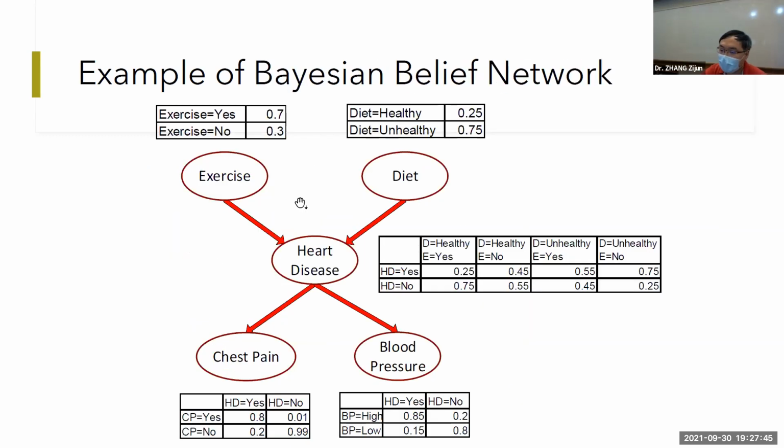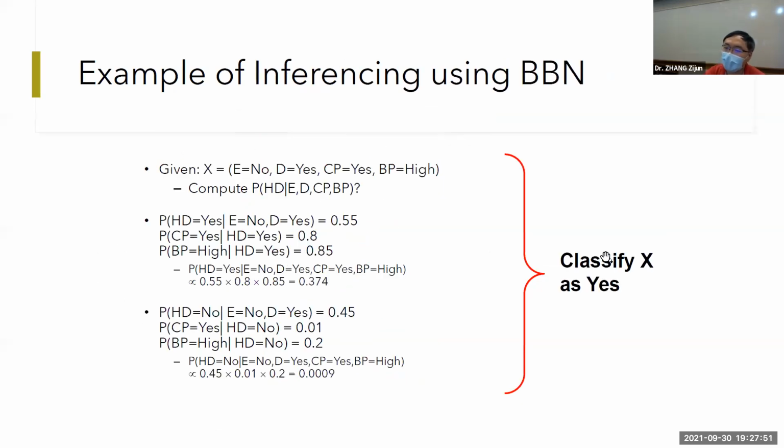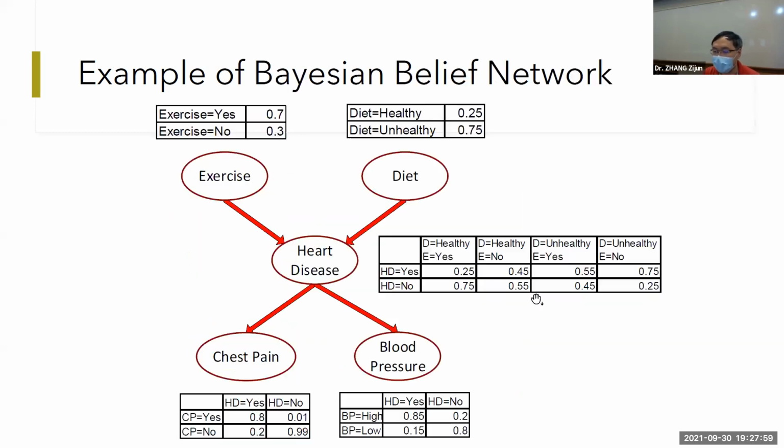All right, so once we have such tables and the graph set up, next we do an exercise. How can we do the inference by using the Bayesian belief network if we set up all the things in the previous slides?